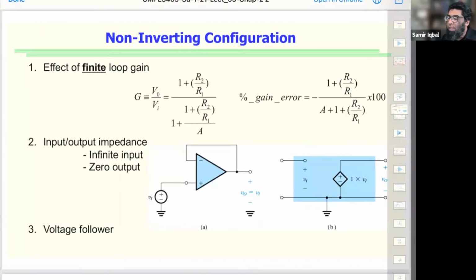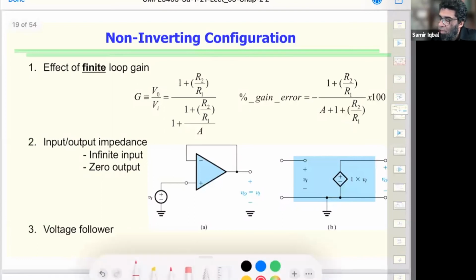All right, so in the non-inverting configuration, there are a couple of things that we have to see. It's a finite loop gain, so using resistances adds error into the overall gain, because of their tolerances.